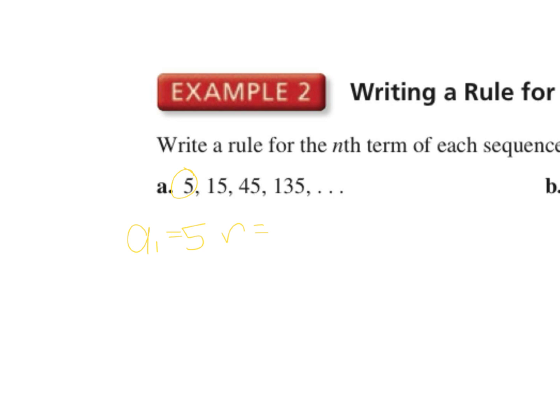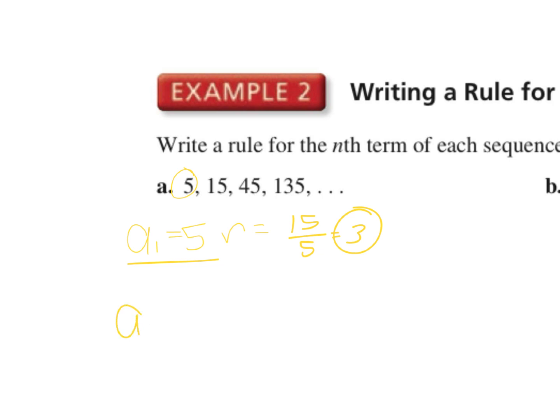And then common ratio. How do I find the common ratio? Take a term and divide it by what? The 1 in front of it. So 15 divided by 5 equals 3. So your common ratio is 3. What's 45 divided by 15? 3. What's 135 divided by 45? 3. Doesn't matter where you do it. Just take a term and then divide by the 1 in front of it.